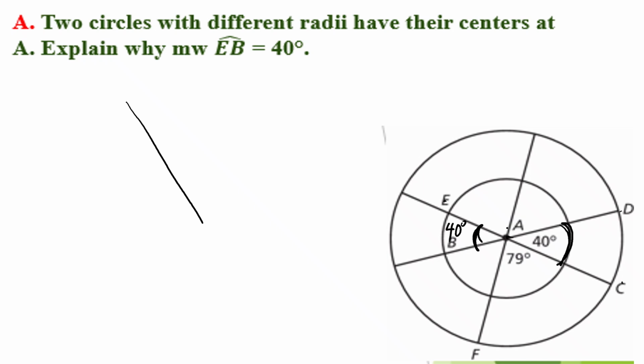Remember that if you have two angles which are vertical angles, they have the same measurement. So you can say that angle EAB is the vertical angle of angle DAC, that's why they are equal to each other. And since angle EAB is the central angle, the intercepted arc has the same measurement, that is 40 degrees.